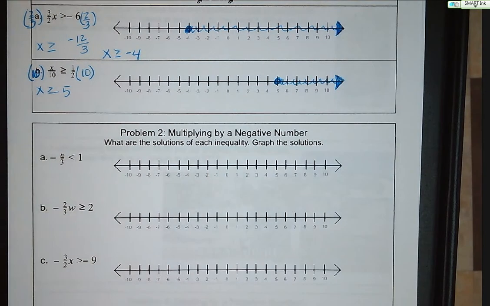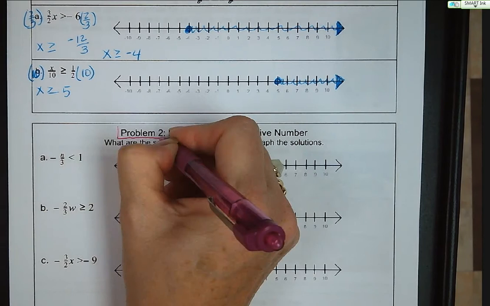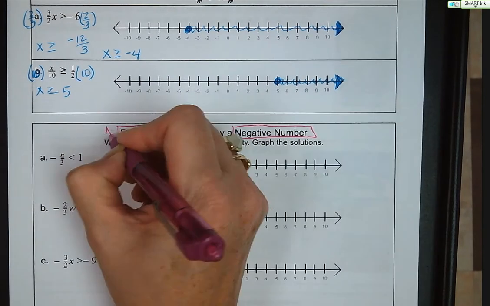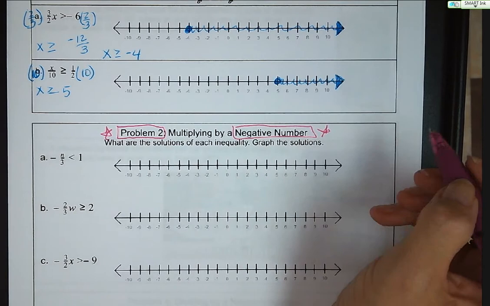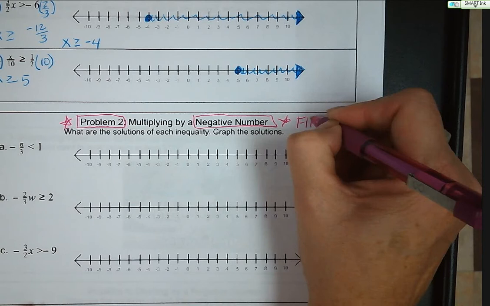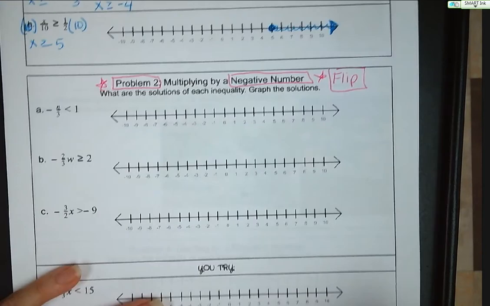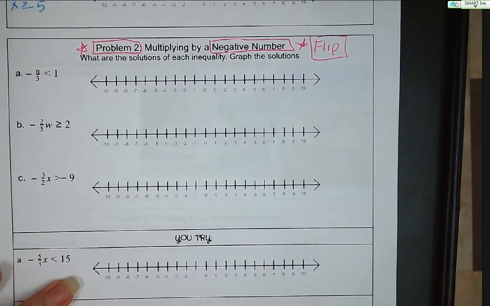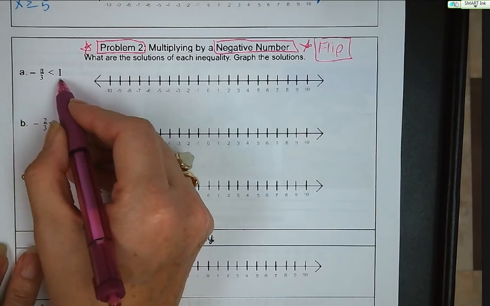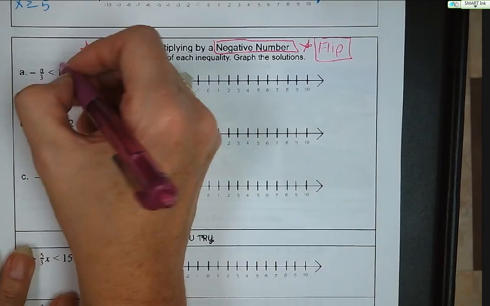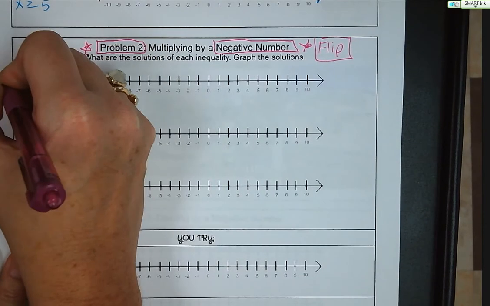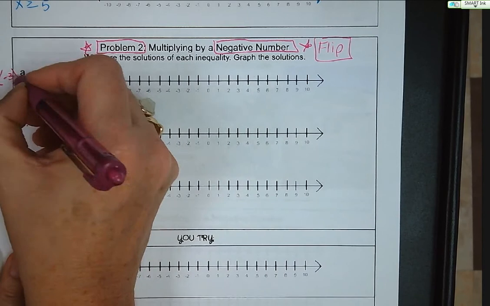All right, now, problem 2 is where you guys start to struggle because we're multiplying by a negative number. The action we are taking is to multiply by a negative number. So we're going to flip our inequality when we do that. So we have negative n over 3 is less than 1. So we're going to multiply both sides of our equation by negative 3. Why by negative 3?